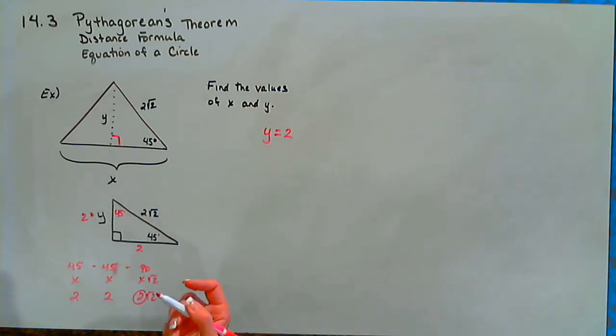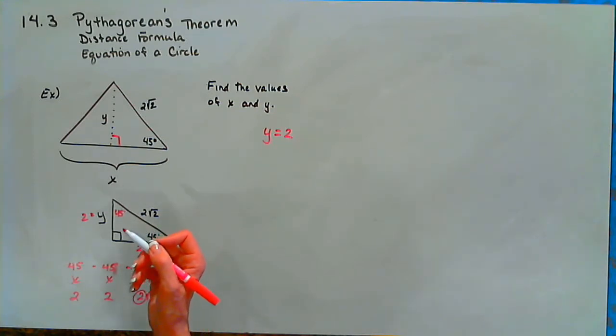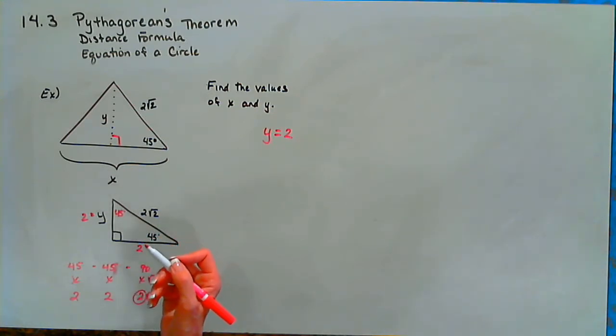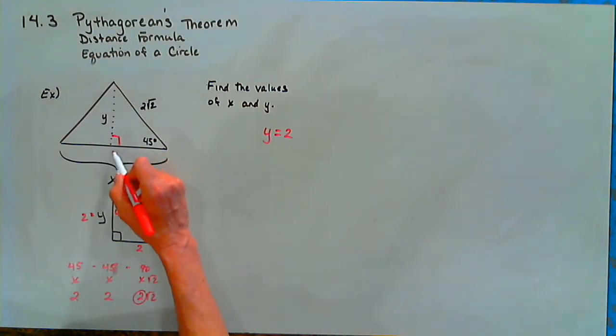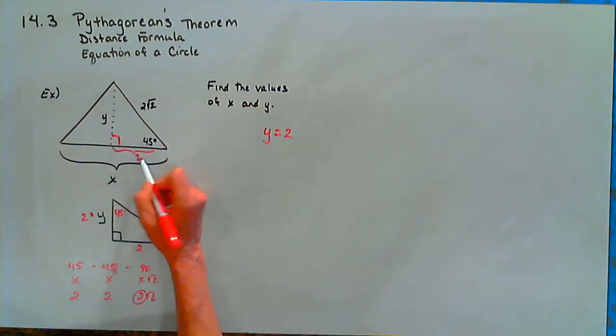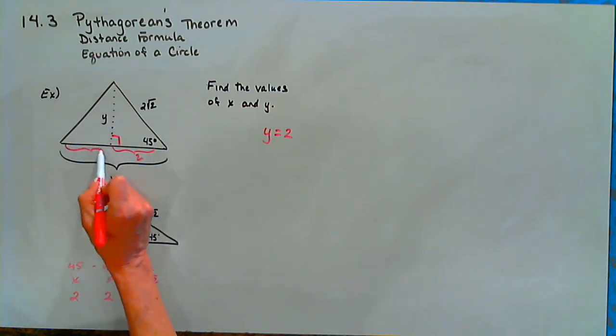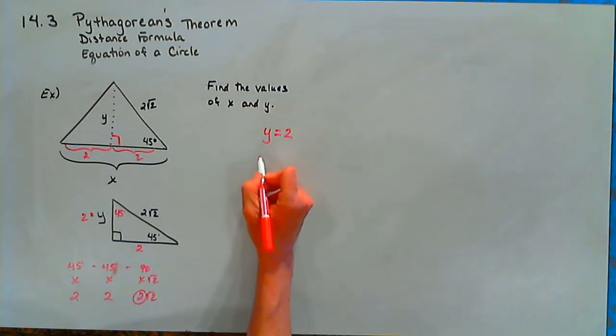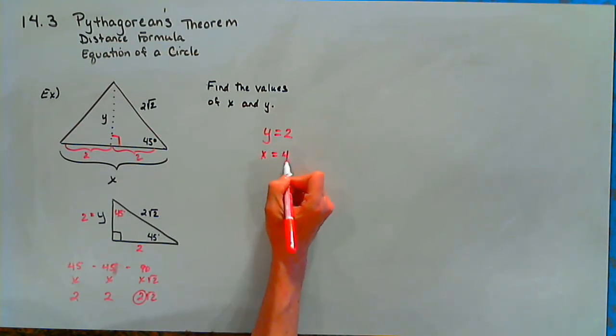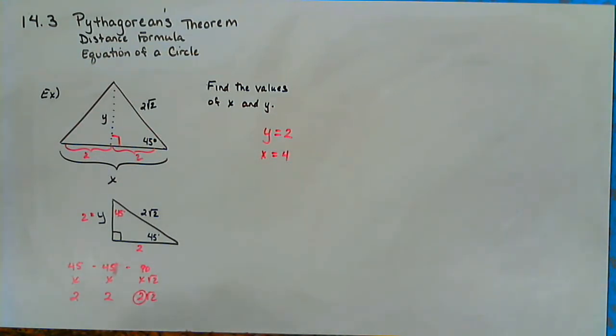So in this particular case, now that I know that one side is 2, and I know that this piece right here is 2, and if I've told you it's a midpoint, this piece would be 2, and therefore x is 4 units long. Okay.